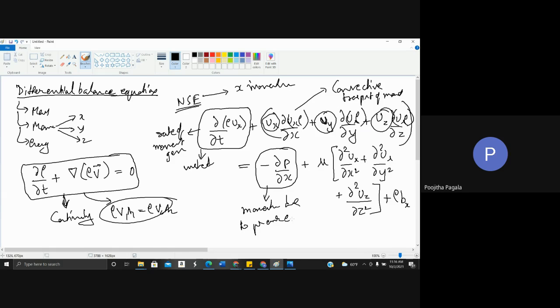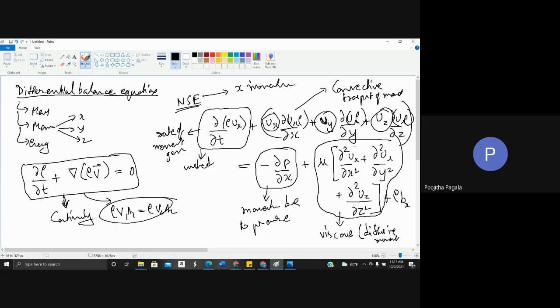We know that whenever there is a pressure gradient, the fluid will tend to flow, and this term represents that pressure gradient. And then you have this term, mu times dou square u by dou x square plus dou square u by dou y square plus dou square u by dou z square. This is nothing but the viscous term, also known as the diffusive momentum term.